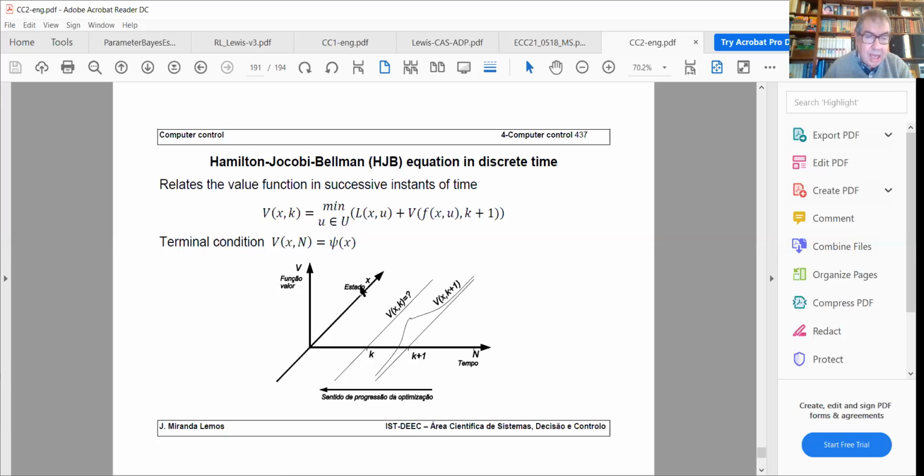And then you can build algorithms to propagate V, or if you use neural networks, the quality of your decisions, which is a function of X and U. That's pretty much the same, it satisfies pretty much the same thing, but now it's a function of X and U. I'm not giving you the details.